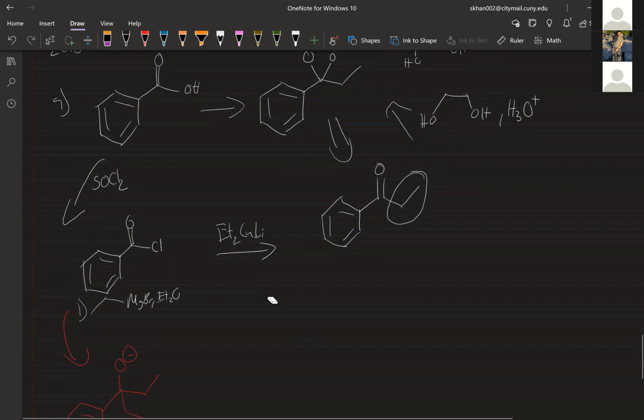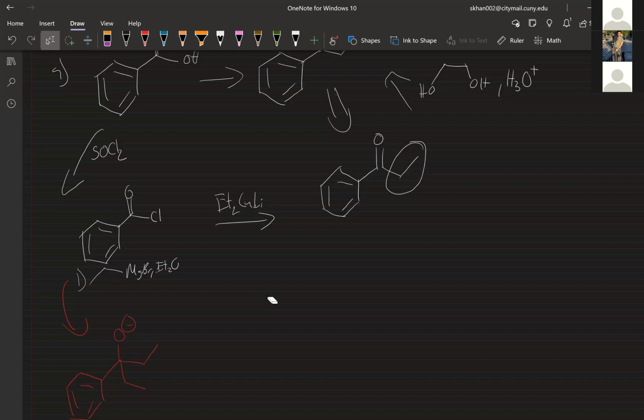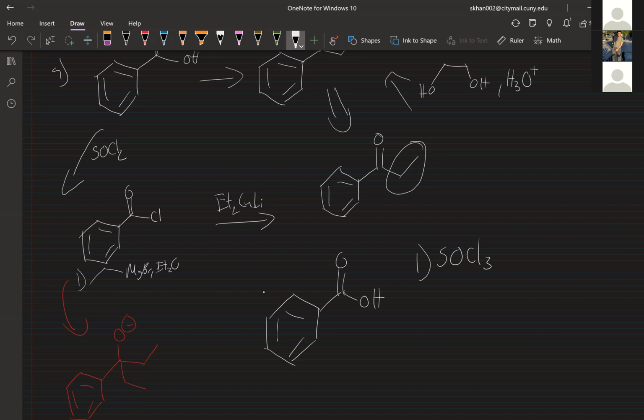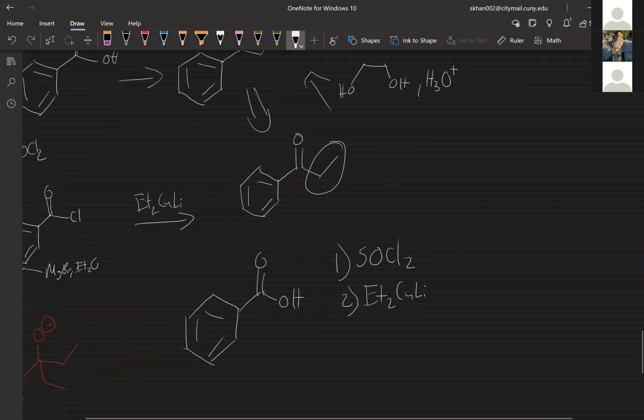So in terms of all the steps, let's write them out on the side here, right? Your final steps would look like this. Carboxylic acid. So first step was thionyl chloride. Second step is going to be your cuprate. Right?